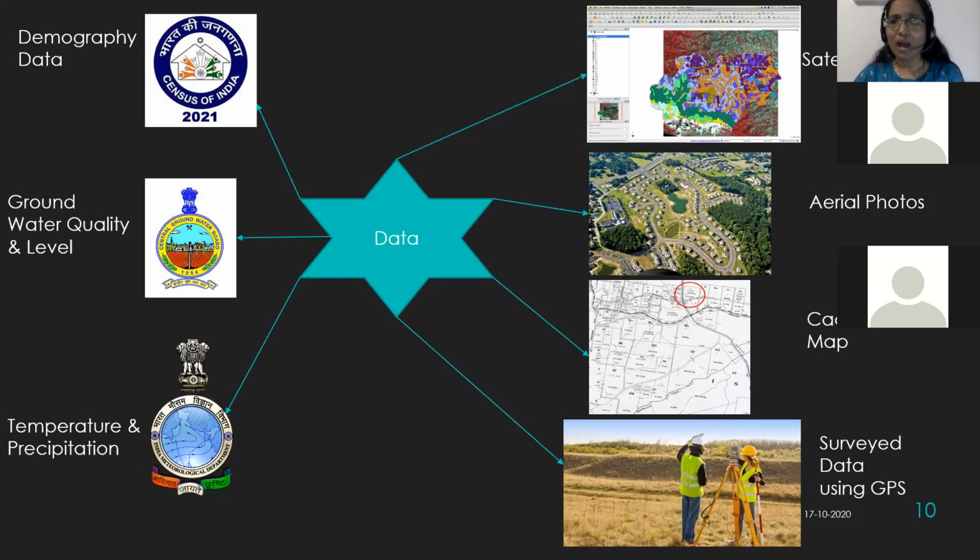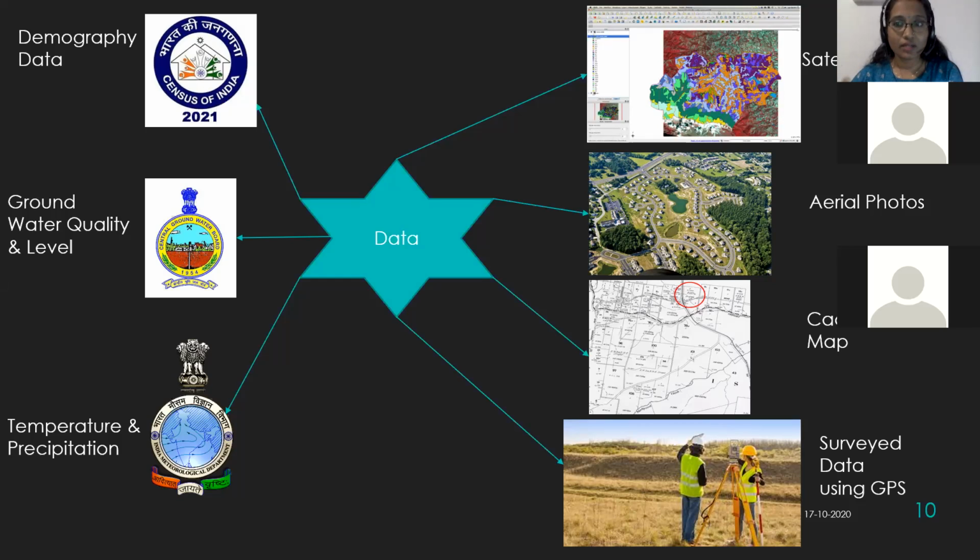You can get it somehow, but if you need a particular sub-basin or basin, for example the Ghataprabha region or Malaprabha region, you can get that data from a recognized organization.